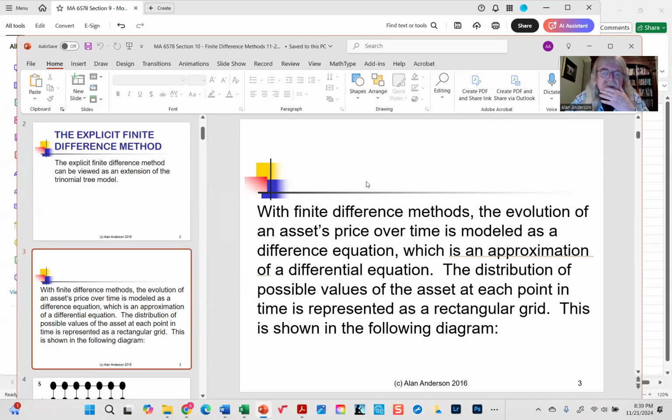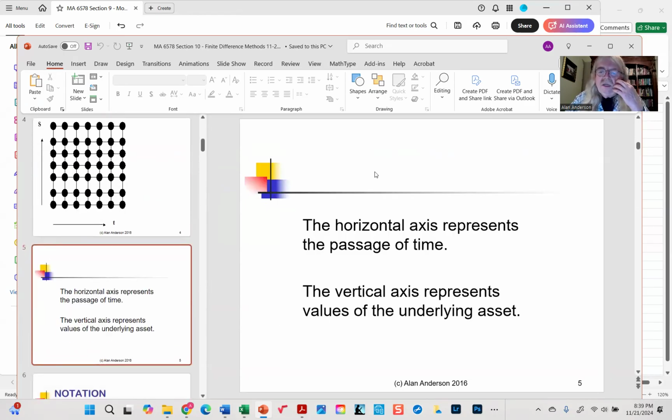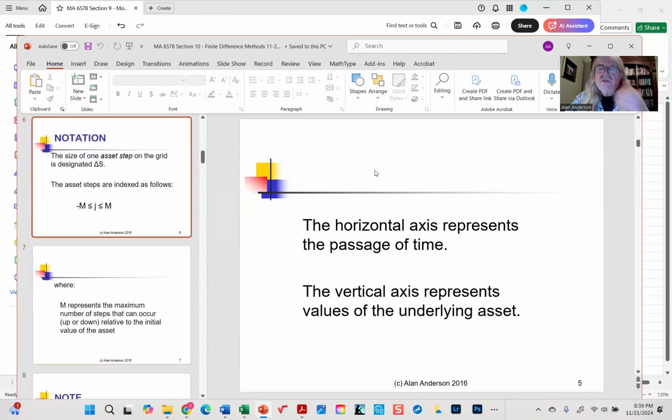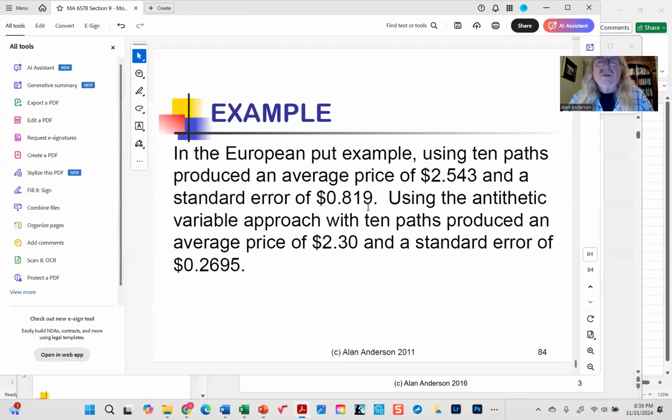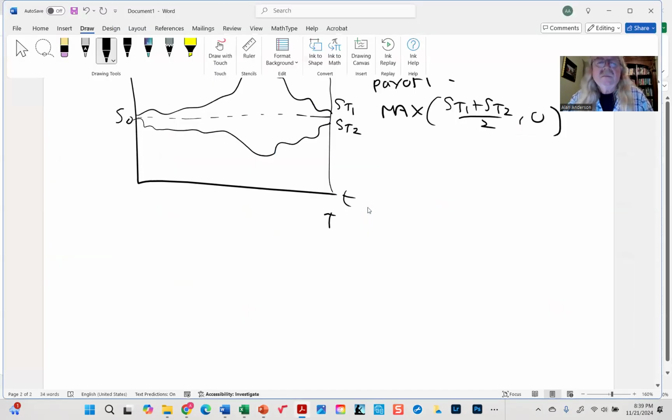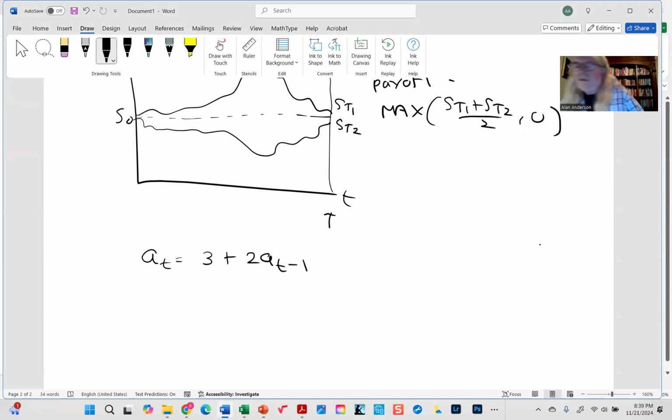We're going to look at the evolution of an asset's price over time in terms of a difference equation. Difference equations are pretty straightforward. Here's an example of what might be a difference equation, something simple.